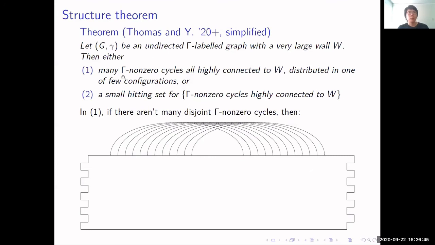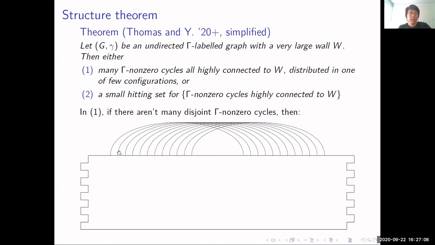Right? And when I say there are many non-zero cycles, it doesn't necessarily imply that there are many disjoint non-zero cycles. So for example, this is a possible outcome of our structure theorem. You have a big wall, and you have these paths connecting the top parts of the wall going across like this.